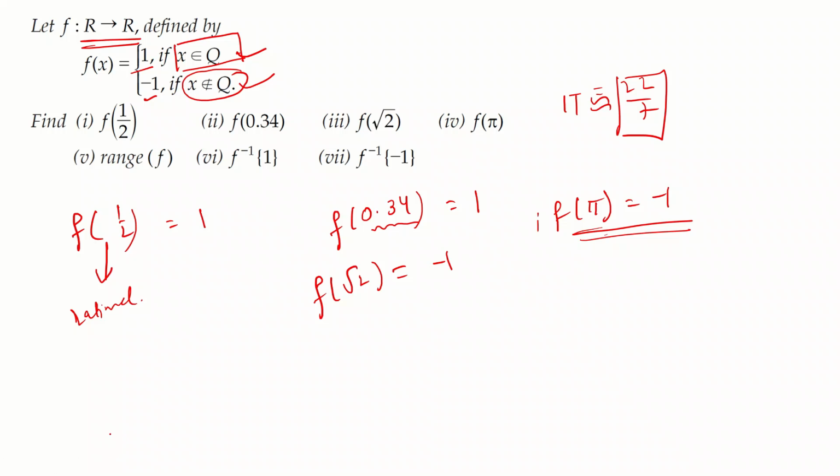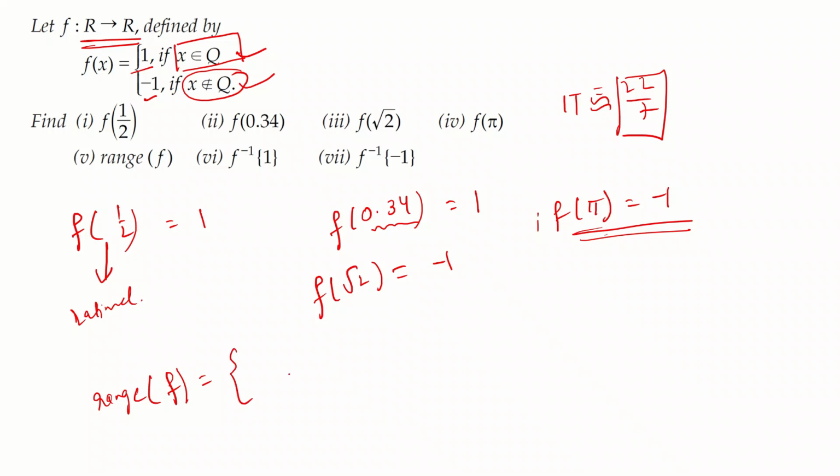Now it asks us to find out the range of f. The range of f is all those values of f that the function can take, right? So here we see that the function f can take only two values, 1 and minus 1.